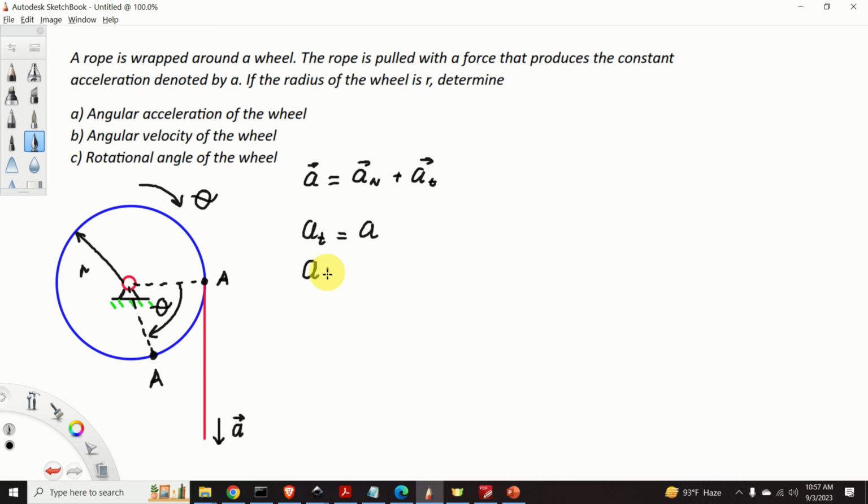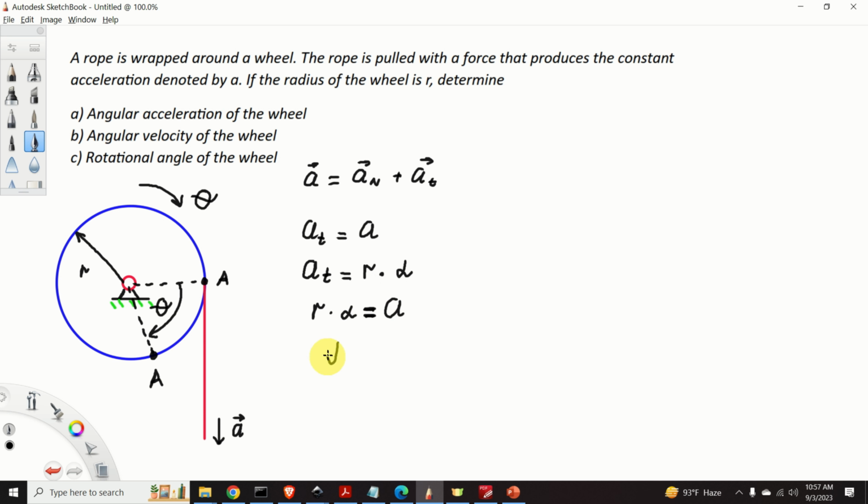On the other hand, in my previous lecture, I showed that AT is actually equal to the radius of the trajectory, r, times alpha, where alpha is the angular acceleration. Now, since A is given, we can write this equation as r times alpha is equal to A. This is the very important equation.